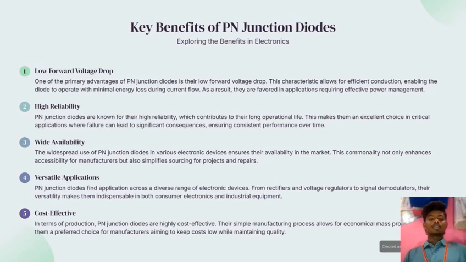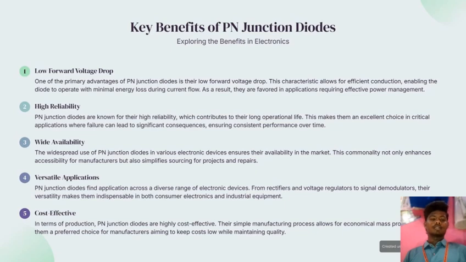Versatile applications. PN junction diodes find application across a diverse range of electronic devices, from rectifiers and voltage regulators to signal demodulators, making them indispensable in both consumer electronics and industrial equipment.